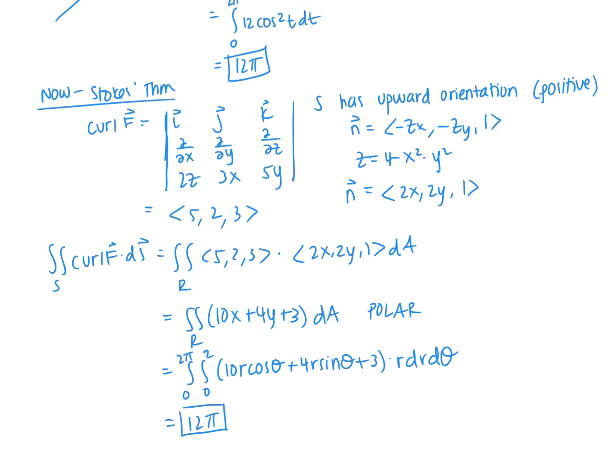Okay. This last example, we are specifically doing so that we can decide what is going to be quicker, a surface integral or a line integral. We are calculating the surface integral of curl of f dot ds. F is xz, comma yz, comma xy.